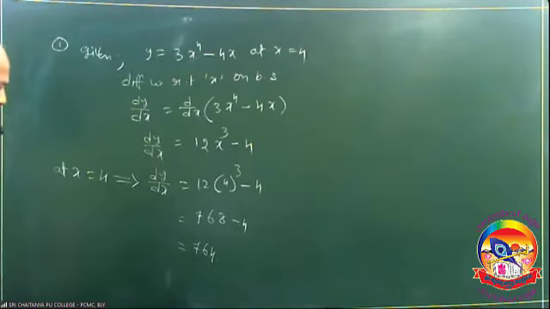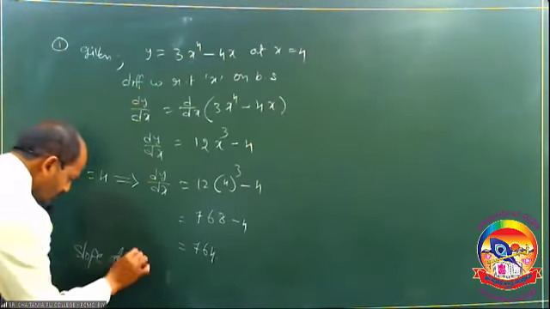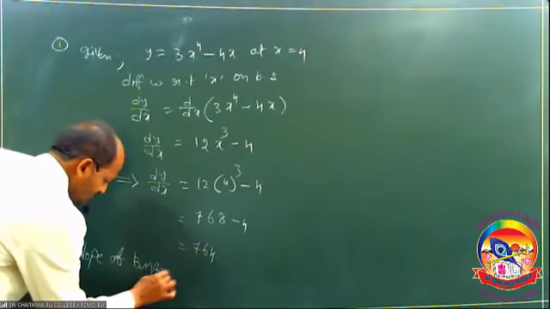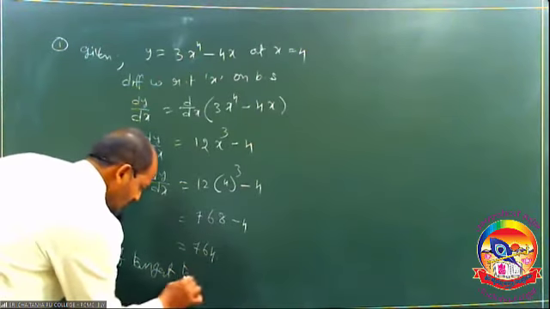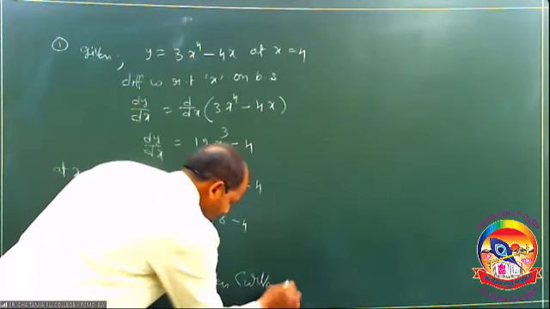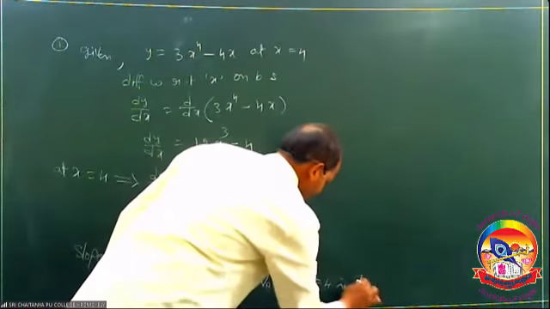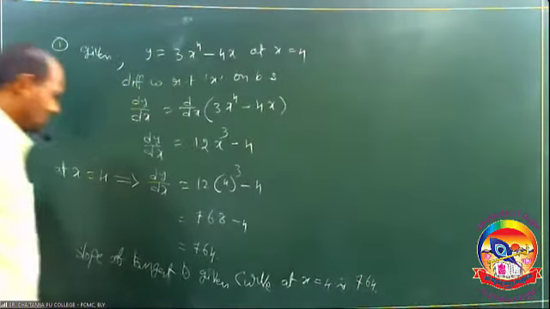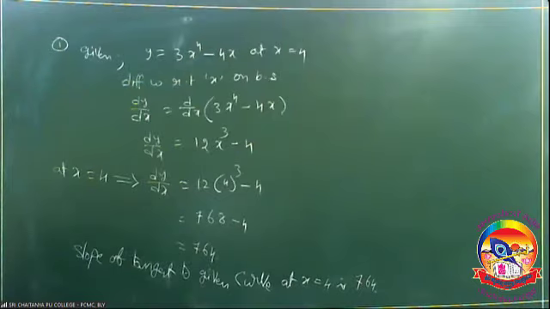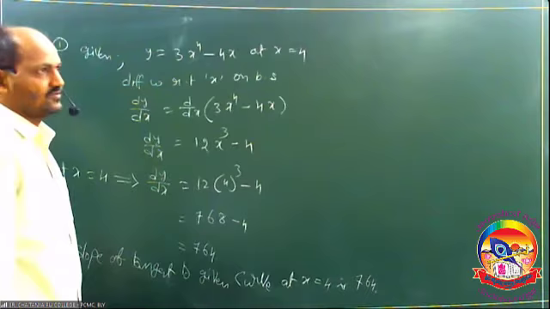Therefore, the slope of tangent to the given curve at x is equal to 4 is 764. Okay, copy this one.